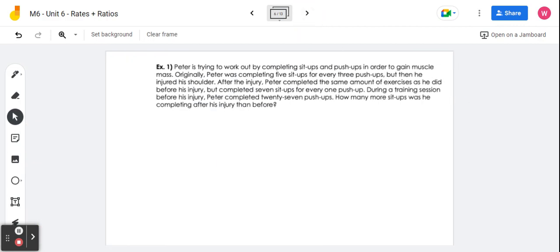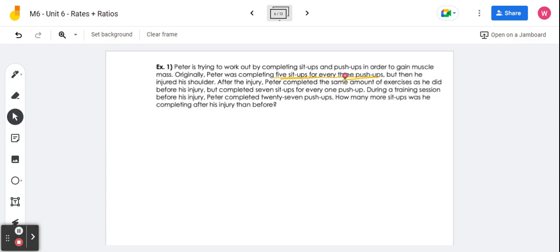It says, Peter is trying to work out by completing sit-ups and push-ups in order to gain muscle mass. Originally, Peter was completing 5 sit-ups for every 3 push-ups. So, number 1, annotate. What are we comparing here? It told us 5 sit-ups for every 3 push-ups.